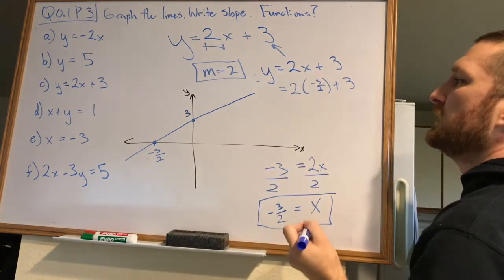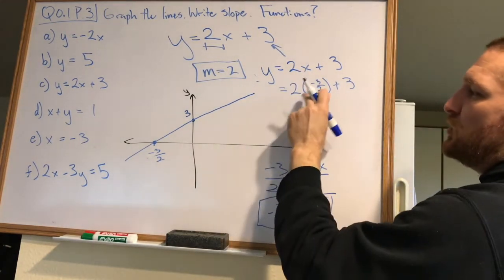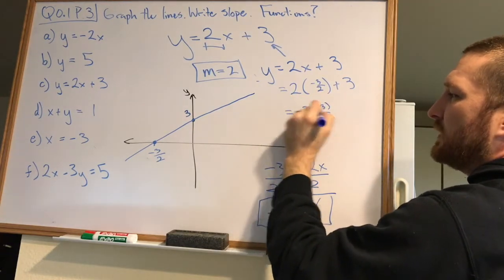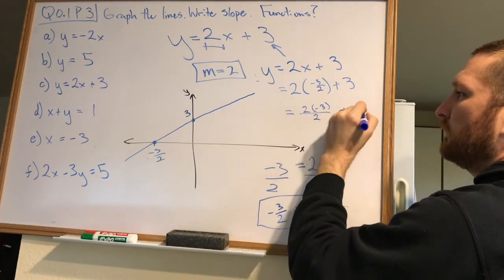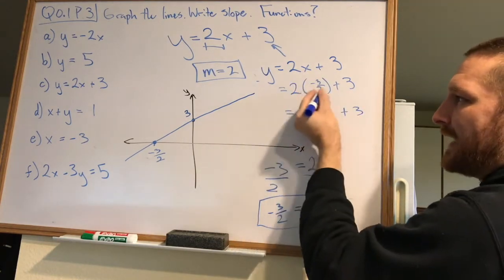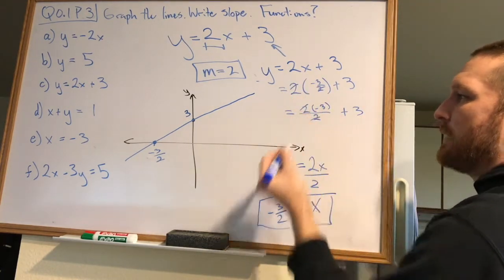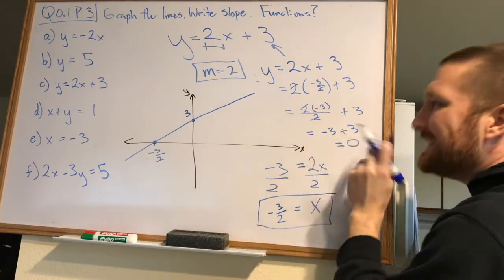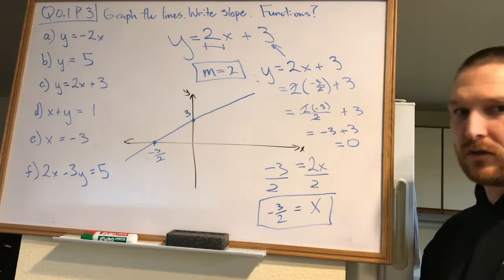3 halves. That's a 2 over a 2. Another way we could think about this is 2 times negative 3 all over 2. You could just look at it and say, oh, that cancels that. We're left with a negative 3 plus a 3, which is indeed a 0, which is what you're looking for.